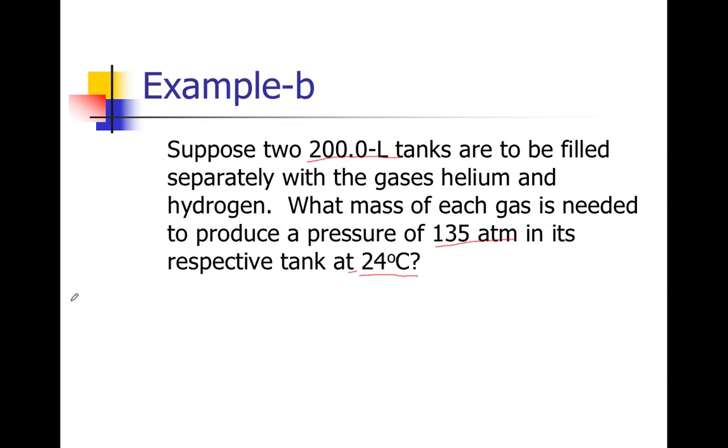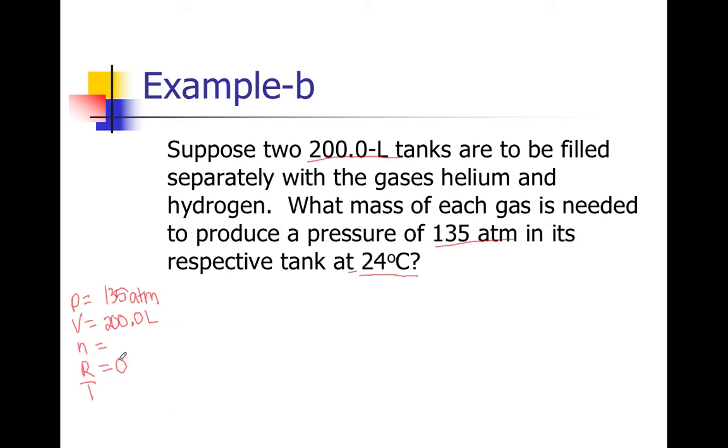And then I'm going to make myself a list of the variables from the ideal gas law equation and pull the numbers out of the problem and assign them over here. So my first pressure unit is 135 atmospheres. The volume unit is 200.0 liters. We don't have a value for n.